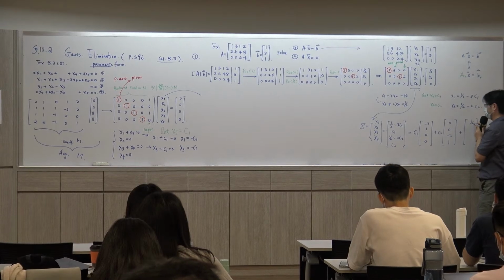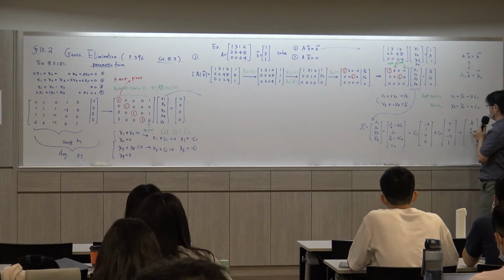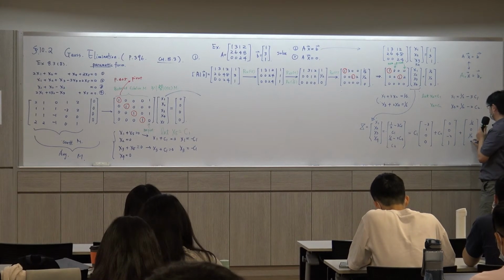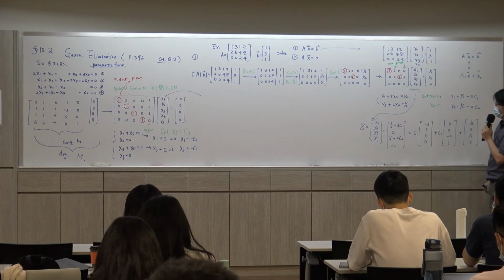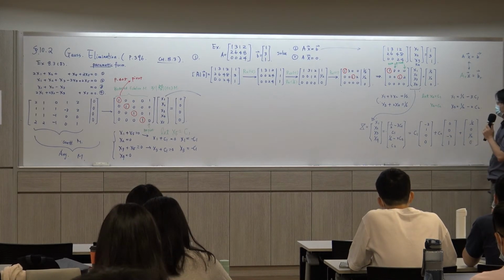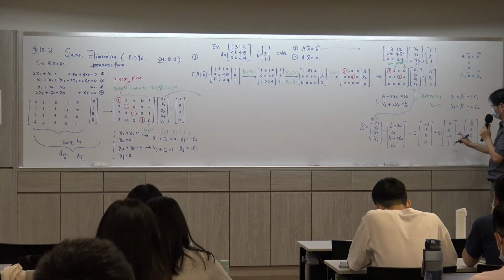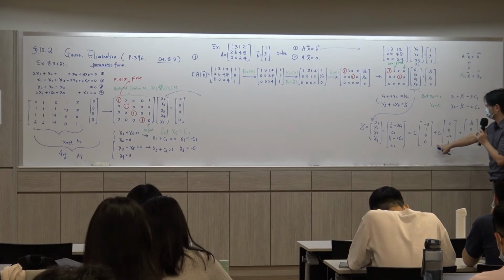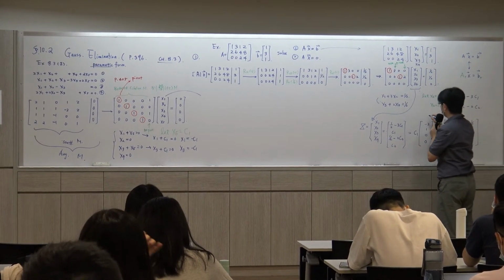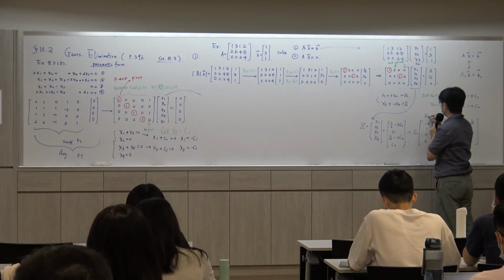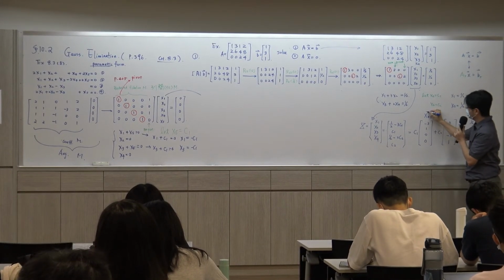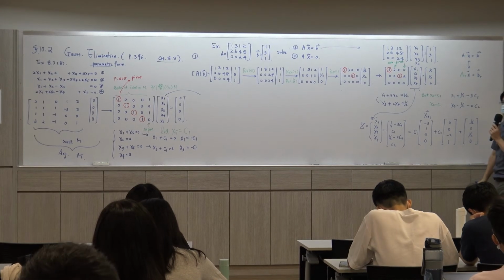It's 1 half, 0, 1 half, 0. So you can further look at the solution. It's like a homogeneous solution, right?